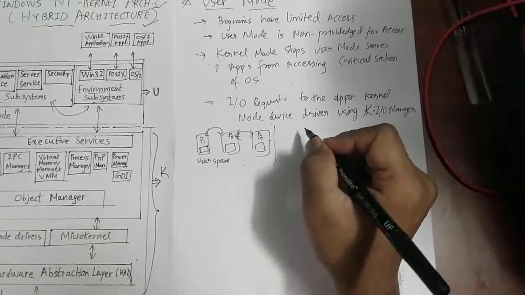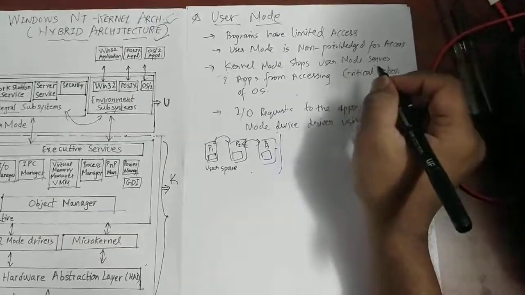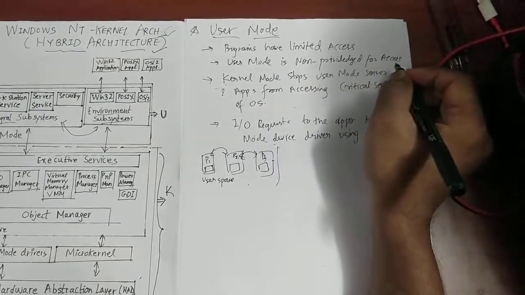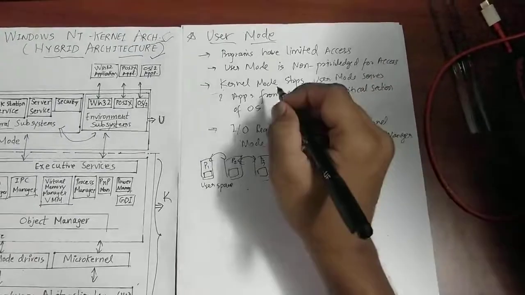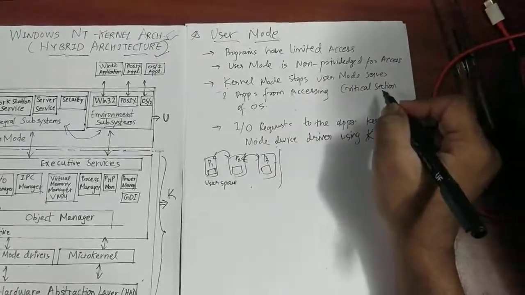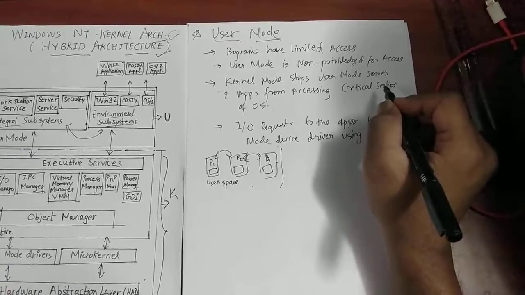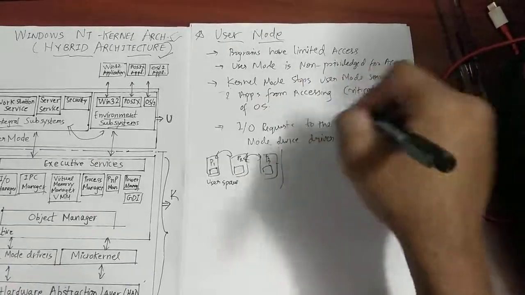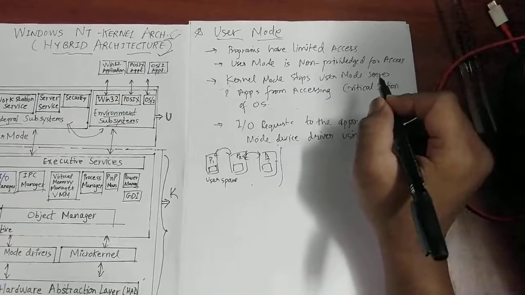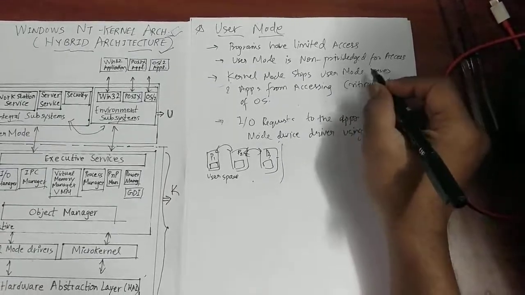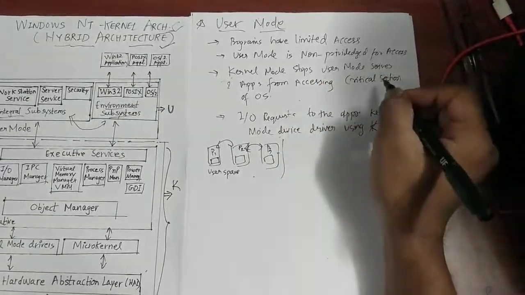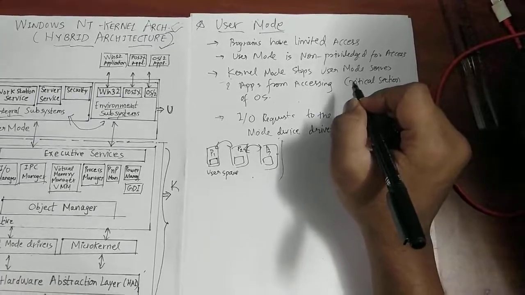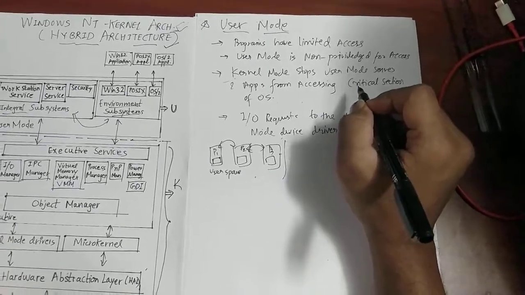User mode is an extremely non-privileged mode for access. Kernel mode stops user mode; the kernel is actually the king over here. It controls user mode and stops it from accessing critical sections of the OS which it should not have access to.